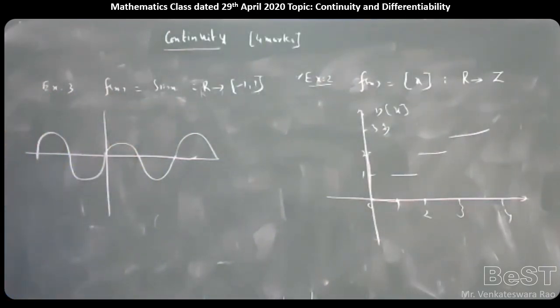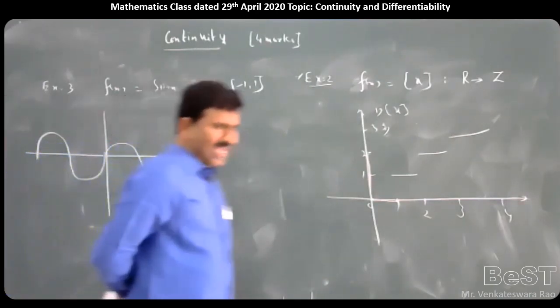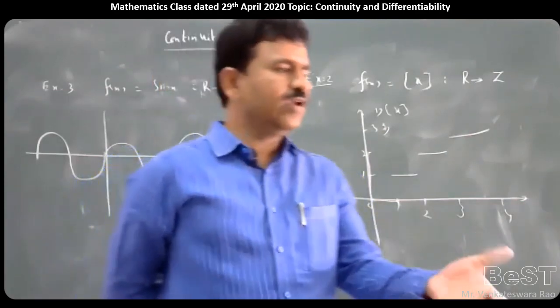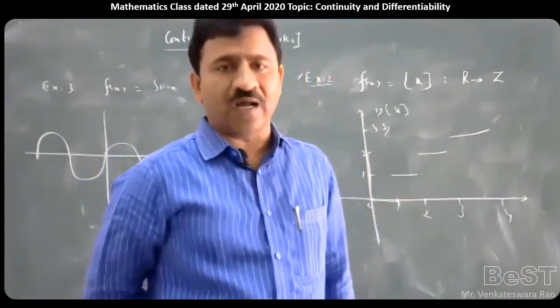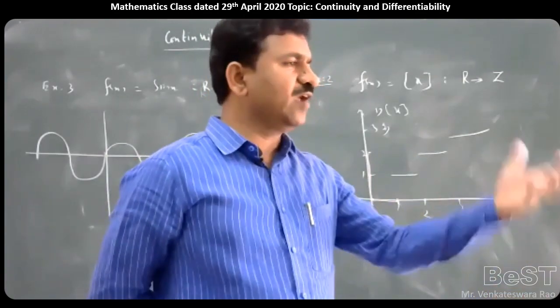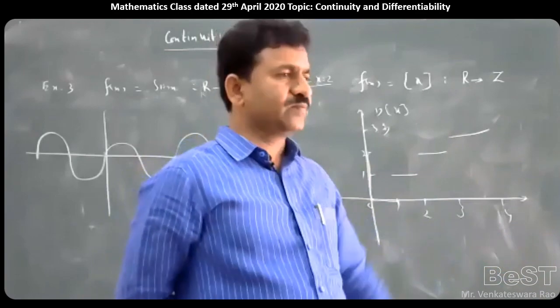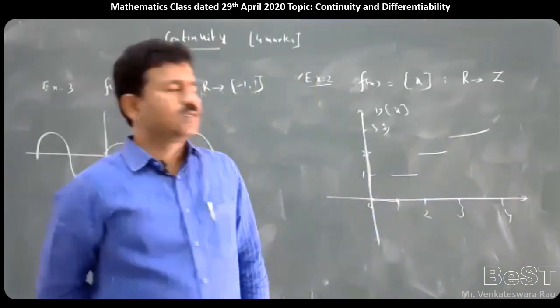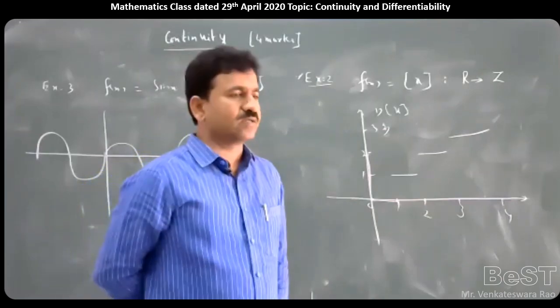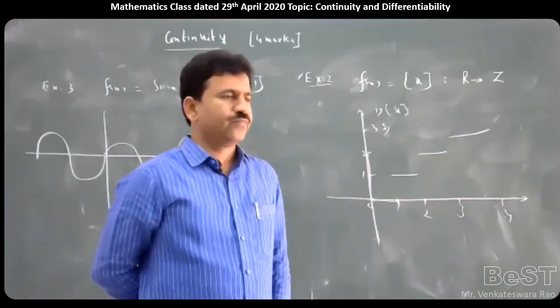And one more important example, note down. Example 4. Any polynomial function is continuous on R. Any polynomial function, either linear, quadratic, biquadratic, whatever it may be, is continuous on R. Next point.